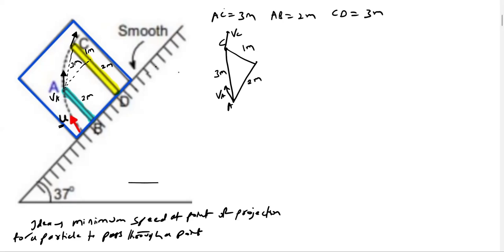Suppose this is the minimum speed you should project with so that it should cross through this particular point.